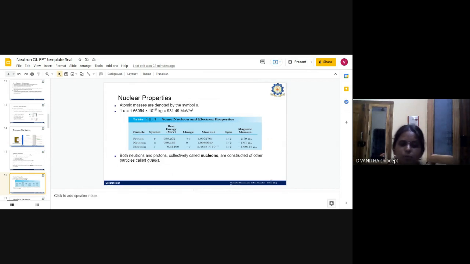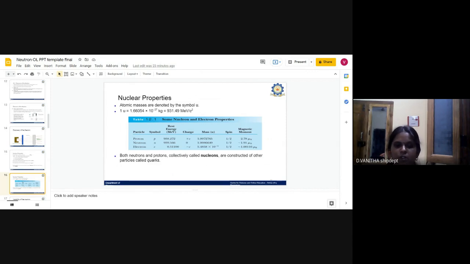The charge of the proton is plus e, but for the neutron there is no charge, so the charge is equal to 0. The mass of the proton is 1.0072765, and for the neutron it is almost the same as the proton. The spin of the proton and neutron are both the same, that is half.